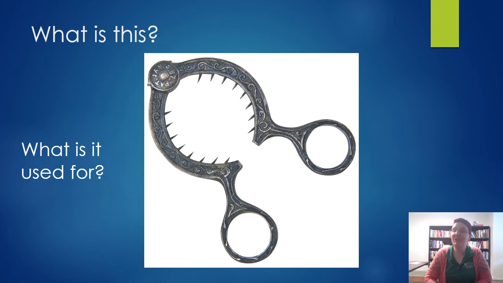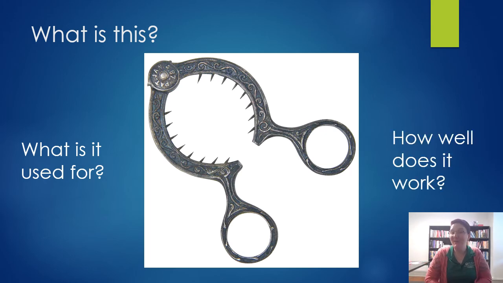Remember, interpretation must be based on what you already wrote in the description. Pause the video and make some interpretive claims based on the evidence from your description. And then finally, how well do you think this thing worked at the purpose you have articulated for it? Again, using effectiveness standards, how well did this work?